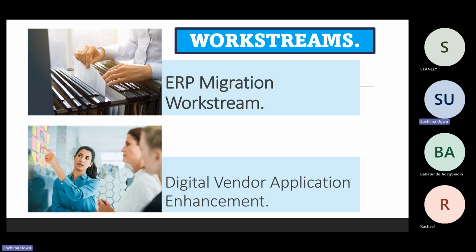The outcome of the ERP migration is that we're going to retire the Automan, and we're going to start using the Dash ERP. The outcome of the vendor application enhancement will be that we are going to elicit requirements from the stakeholders within that organization as to their objectives. And based on those objectives, we are going to carry out a functional decomposition of requirements.